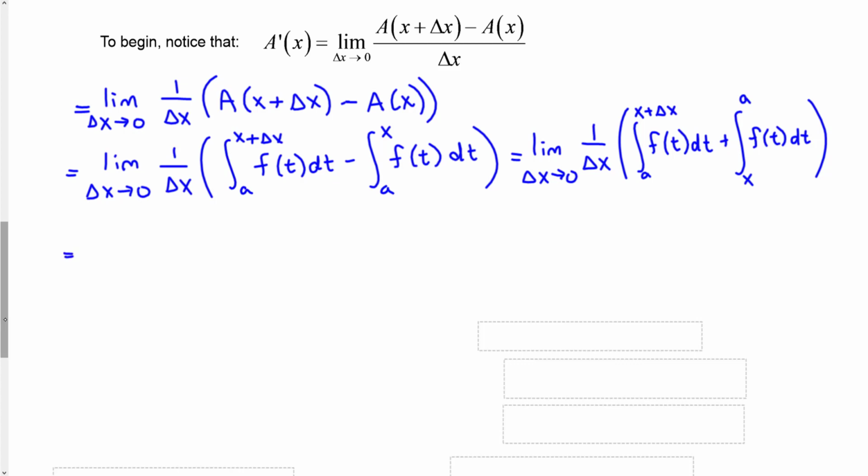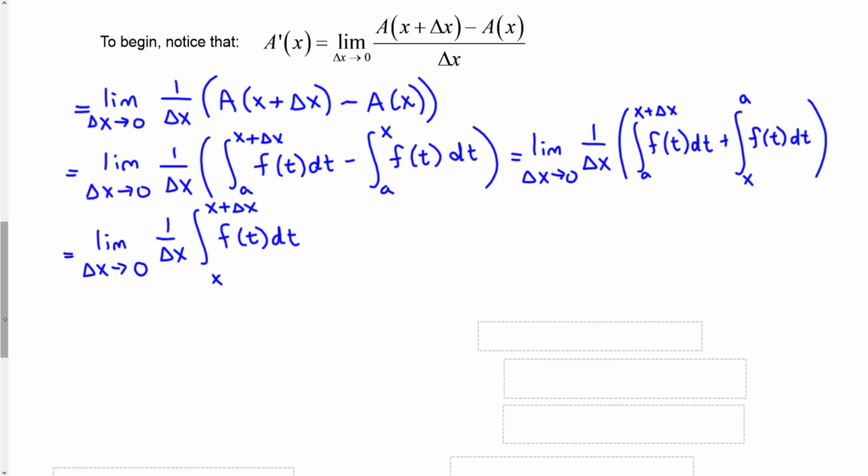There was a rule of definite integrals that told me that I could do that, provided the number was in between the two bounds. So 1 over delta x. This can go now from the lower bound of x to the upper bound of x plus delta x of f of t dt.